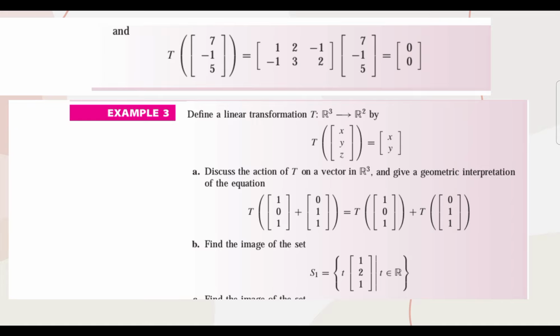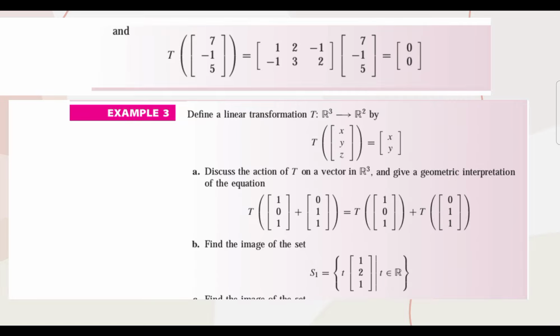We have 7 minus 2 minus 5, and -7 minus 3 plus 10, which is equal to (0, 0). So therefore the image of the second vector is the zero vector in R squared.